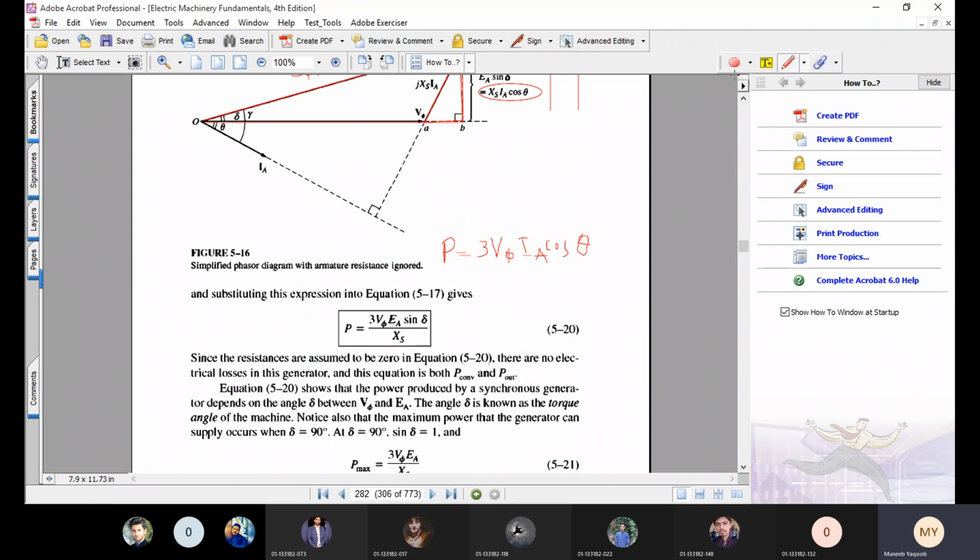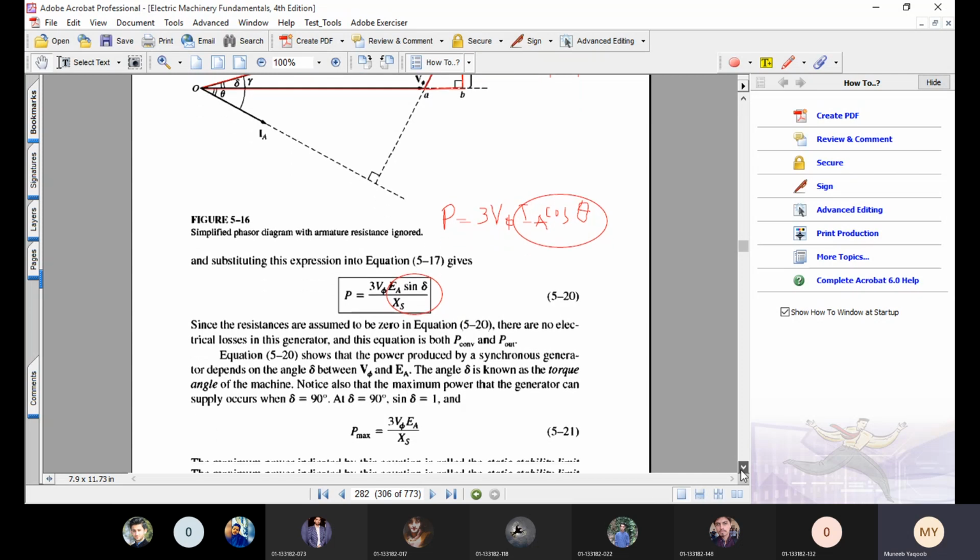And for this IA cos of theta, the author has replaced it with the proven quantity EA sine of delta upon XS. So hence they got an expression for power in terms of electrical quantities. Okay, so this is the power of a synchronous generator.